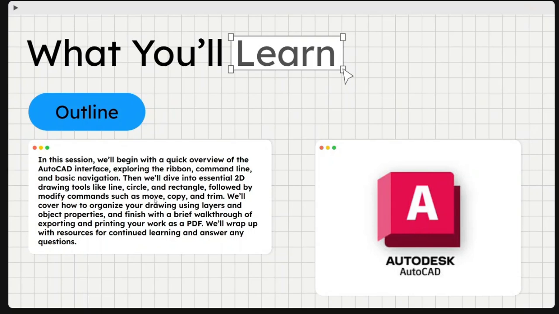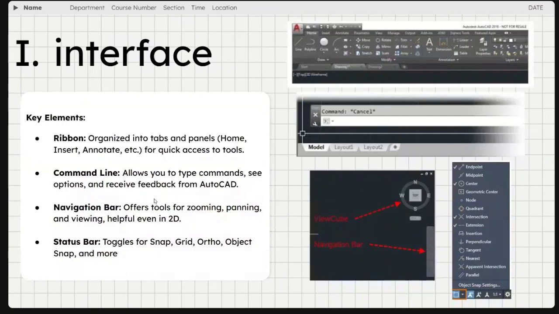We'll also cover how to organize your drawing using layers and object properties. And we'll finish with a brief walkthrough of exporting and printing your work as a PDF. I'll also be doing a quick demonstration of a simple design on AutoCAD, give you some quick resources for continued learning, and also answer any questions.